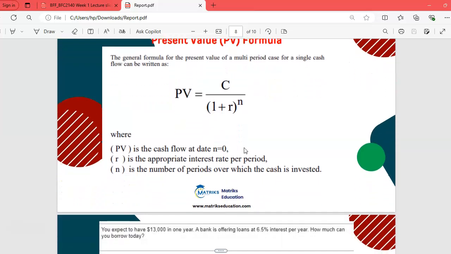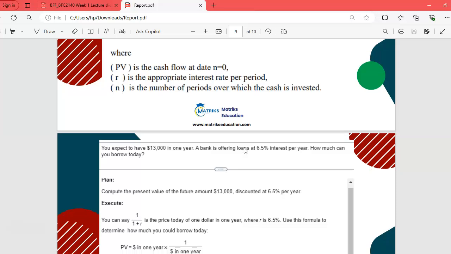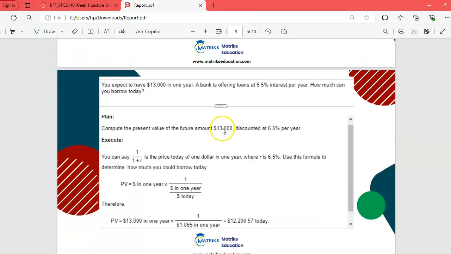Now we will look at a sample question for the present value formula. Suppose that you expect to have $13,000 in 1 year, and a bank is offering you loans at 6.5% interest per year. How much can you borrow today? You can see from the question that it asks how much money you can borrow today, or in the present moment, in year 0.